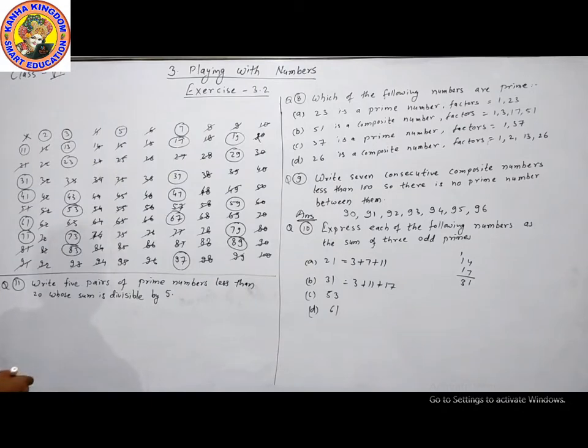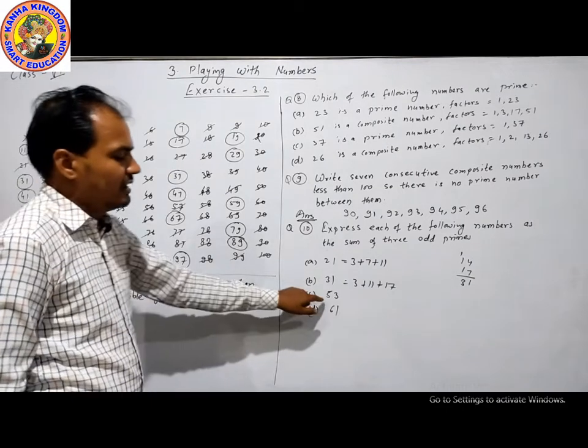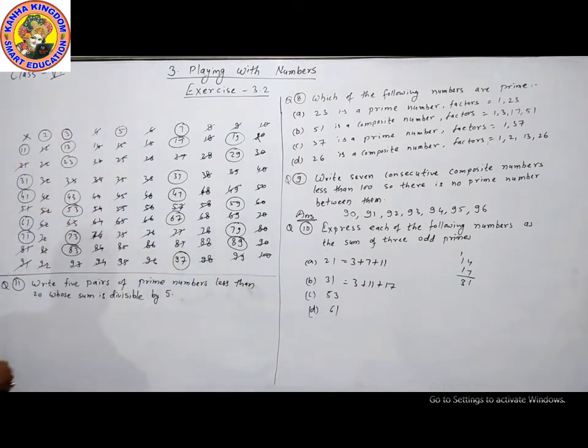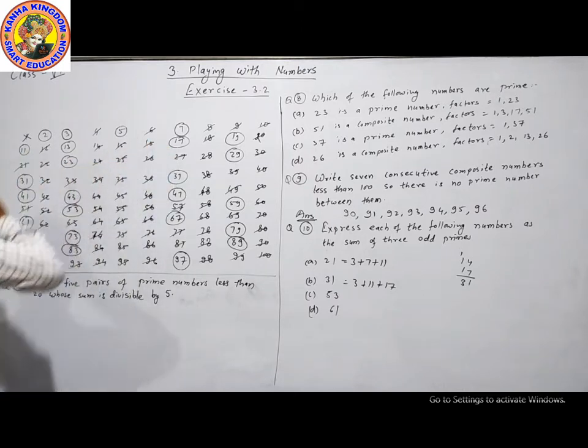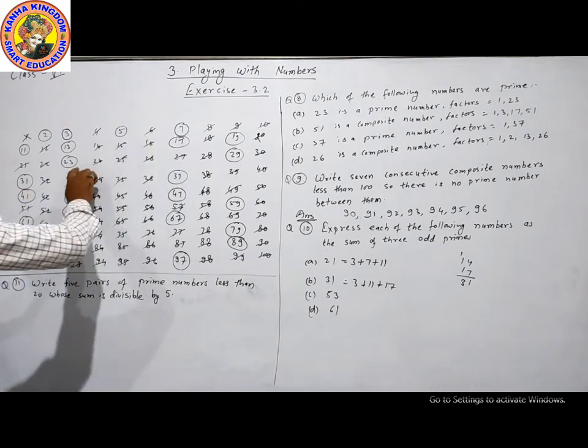Now 53. I am selecting 3, remaining is 50. By whom can I make 50? By this I will make 40. 40, not 50.